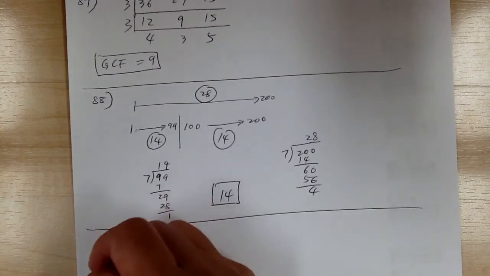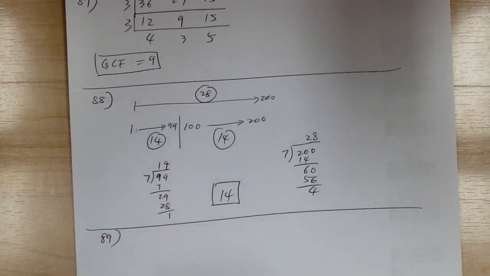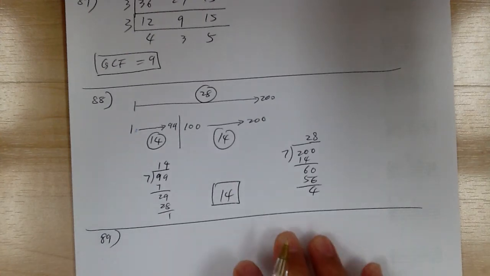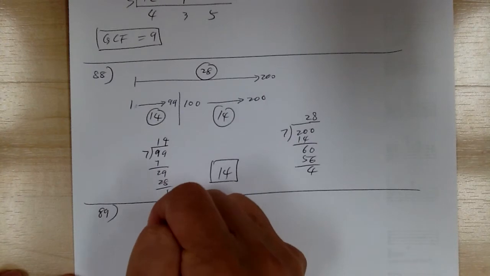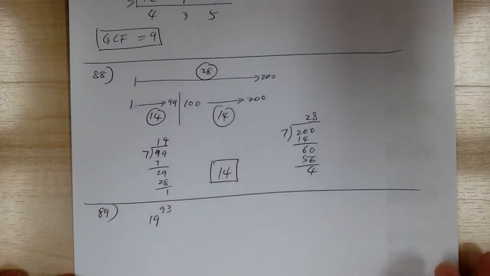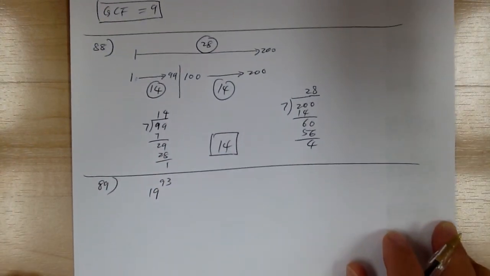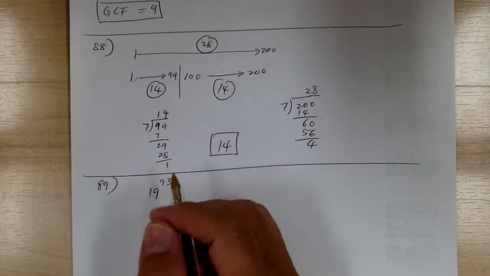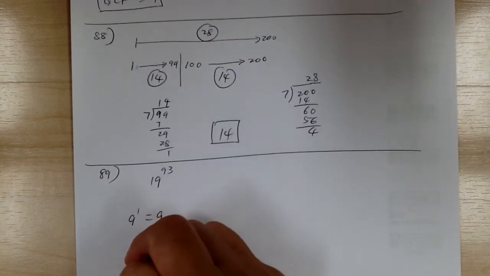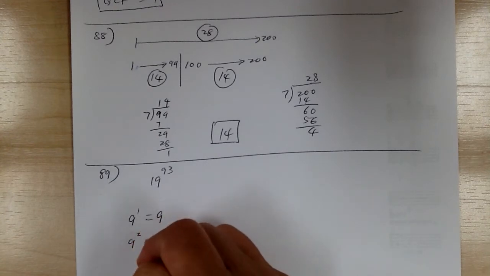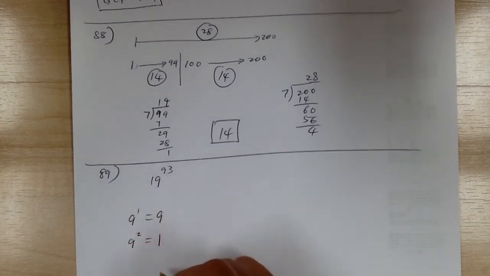Okay, let's go to 89. So you have 19 to the 1993, and you're looking for the unit digit. Okay, so unit digit. So 9 to the 1 power is equal to 9. 9 to the 2 power equal to 81, so it would be 1.